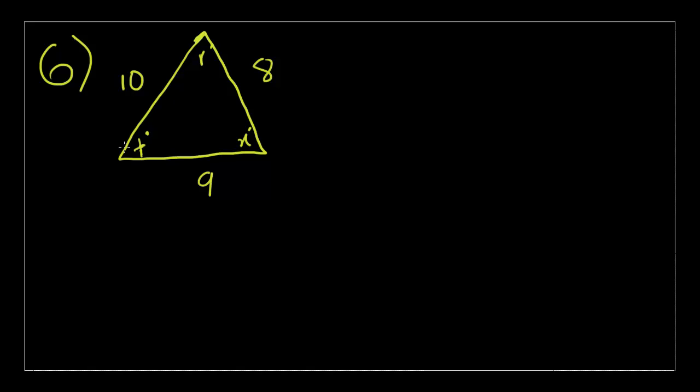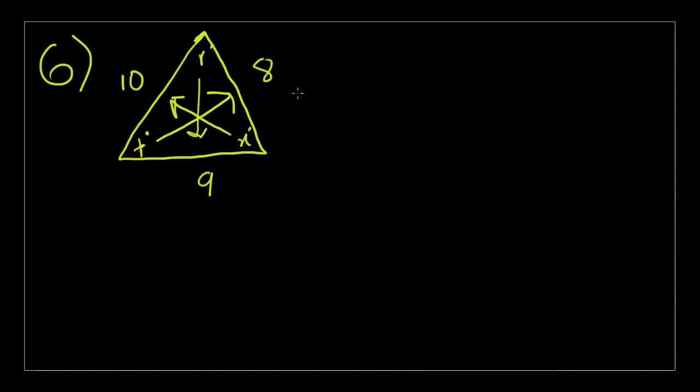So we need to look at a rule that's very useful and very important in triangles. The rule is that the smallest angle of a triangle will lie opposite to the smallest side, and the largest angle will lie opposite the longest side, and middle goes to middle.